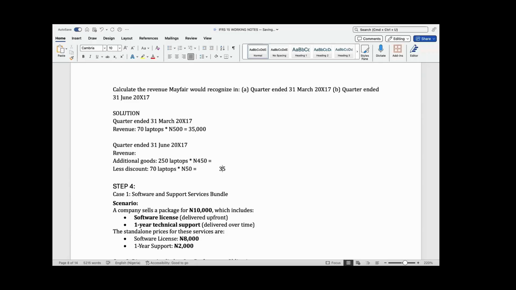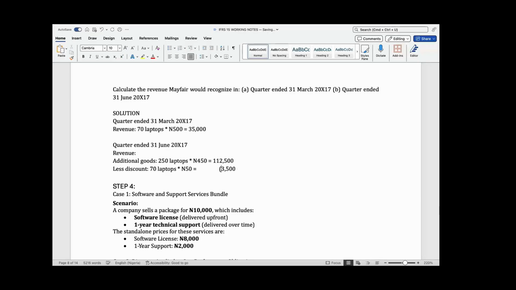And that's 3,500. While the 250 laptops is how much? 250 times 450, which is 112,500.